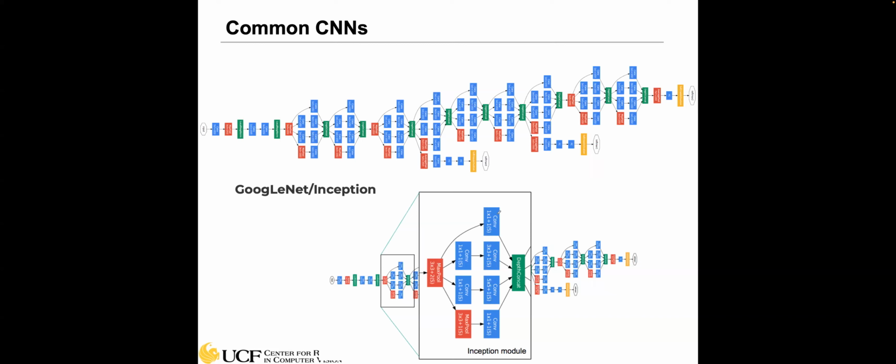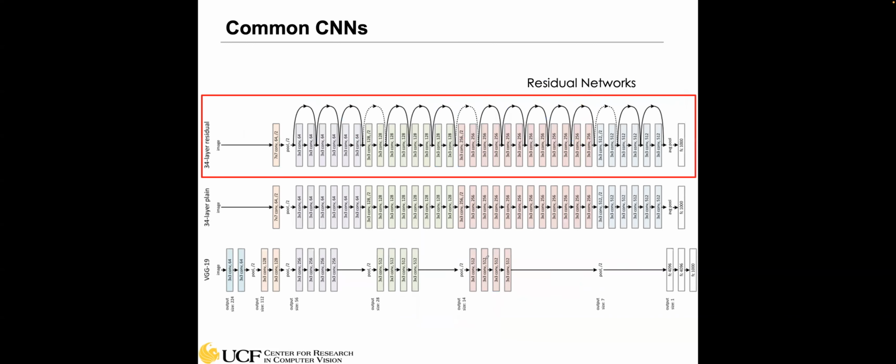The unique thing for this Inception network is the Inception module, right? If you look at this architecture, instead of using just one convolutional kernel size, 3x3, 7x7, etc., they use multiple sizes and concatenate them together. That's what is unique about the Inception network.